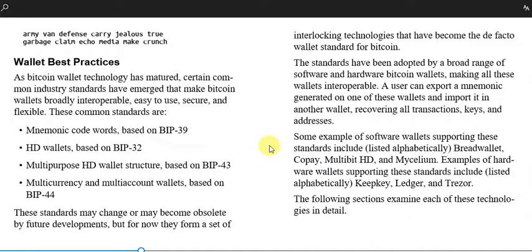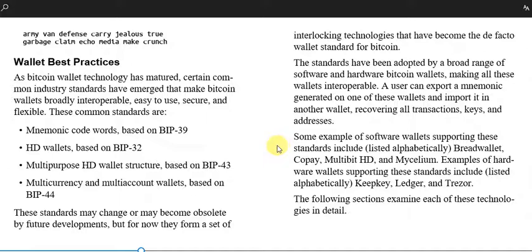Wallet Best Practices. As Bitcoin wallet technology has matured, certain common industry standards have emerged that make Bitcoin wallets broadly interoperable, easy to use, secure, and flexible. These common standards are: mnemonic code words, based on BIP39. HD wallets, based on BIP32.